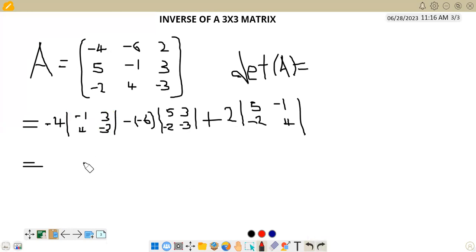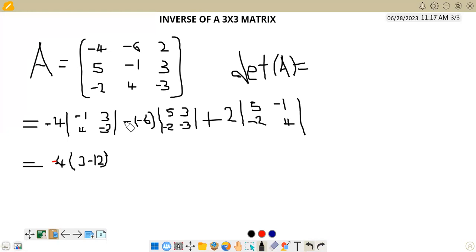So it will be negative 4, open bracket, we have this times this is positive 3 minus 12. So we have 3 minus 12.